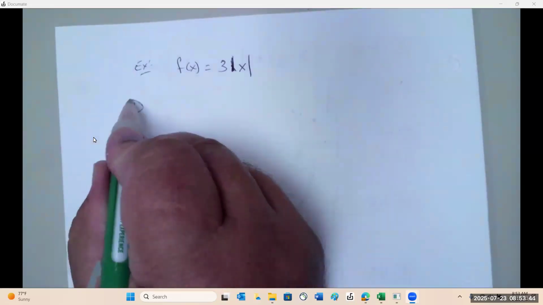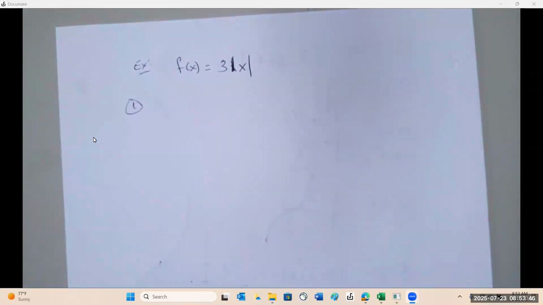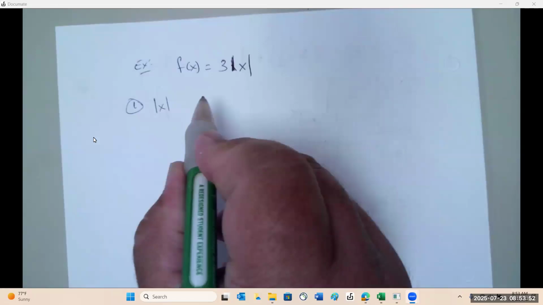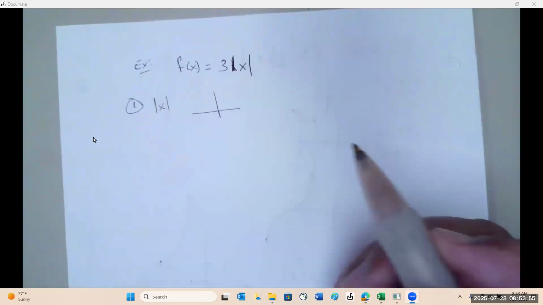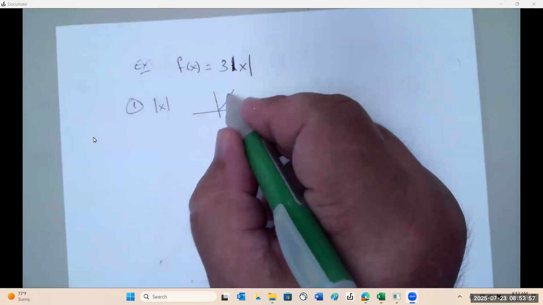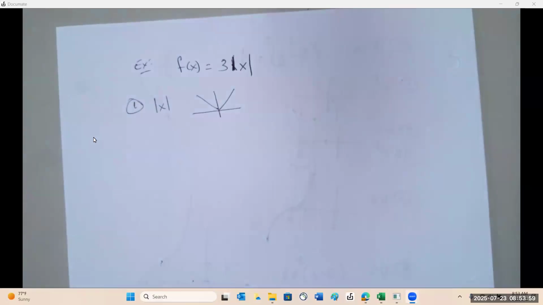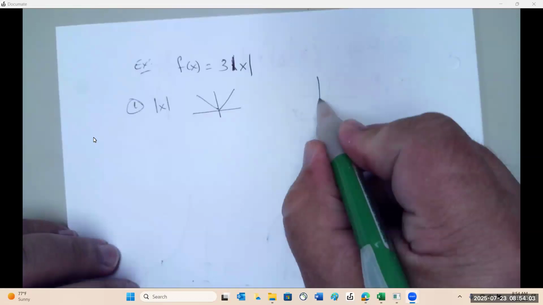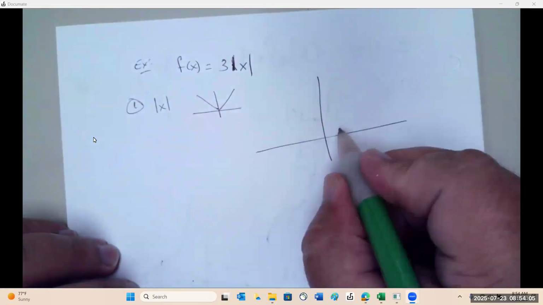So my first question is, what's my original function? Absolute value of x. What does that look like as a graph? It's a V. Very good. Let's look even closer at that.